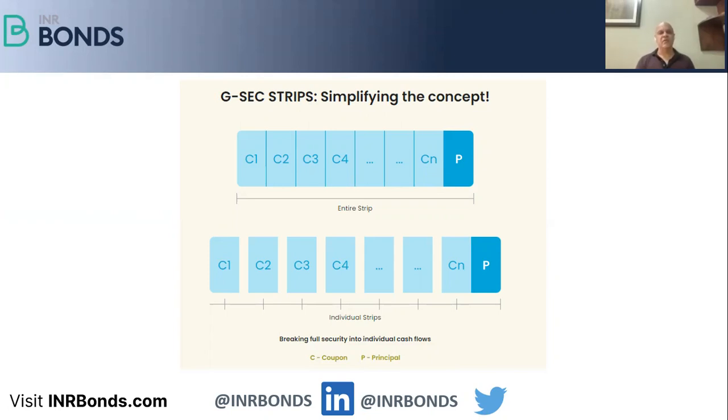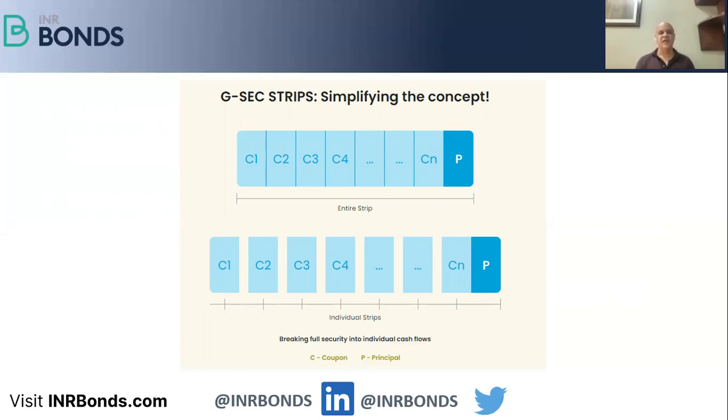Reiterating this, supposing a bond has 10 interest payments and one principal payment, all the interest payments turn into bonds, 10 bonds of different maturities, because interest is paid in the first year, second year, third year, fourth year, fifth year, till the 10th year, for example, and the principal is paid on the 10th year.